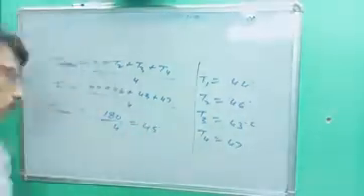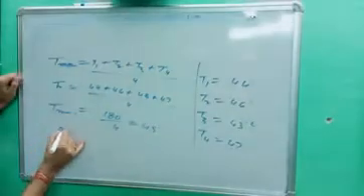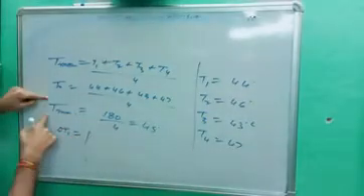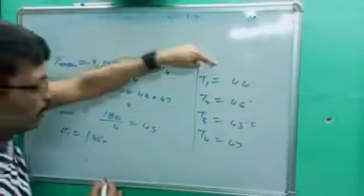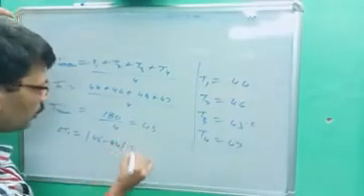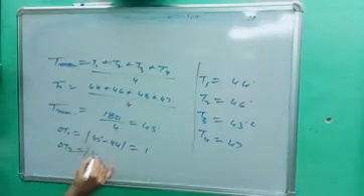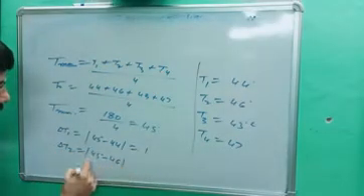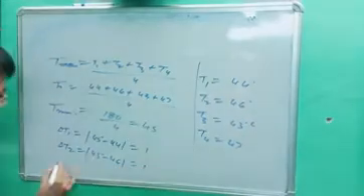Now we will go one by one through the errors. First, del T1 is equal to T mean minus T1. So 45 minus T1, which is 44, is equal to 1. Del T2 is equal to 45 minus 46. It will be minus 1 inside the mod, but outside it will again be 1.